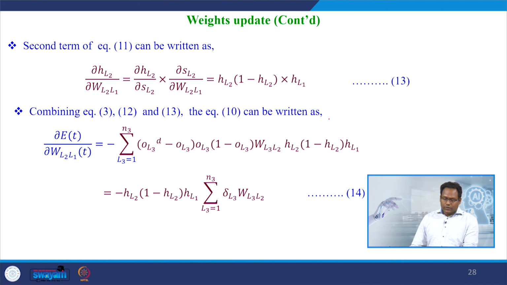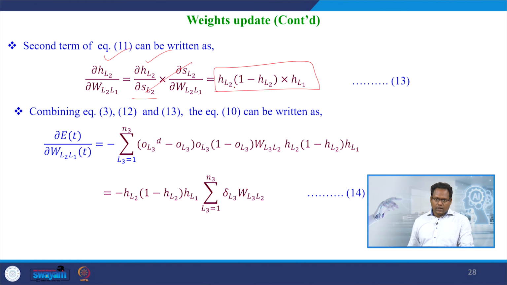Now, the second term of equation 11 can be written as ∂HL2/∂WL2L1, being ∂HL2 upon the input to the second hidden layer, that is SL2 partial derivative. With the chain rule we can have with respect to ∂WL2L1, that leads to this term, that is HL2 into (1 minus HL2) into HL1.